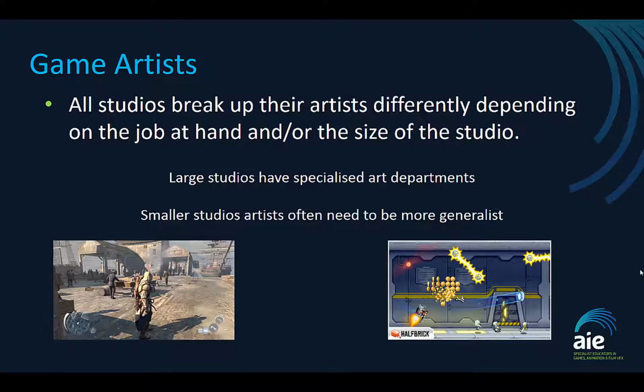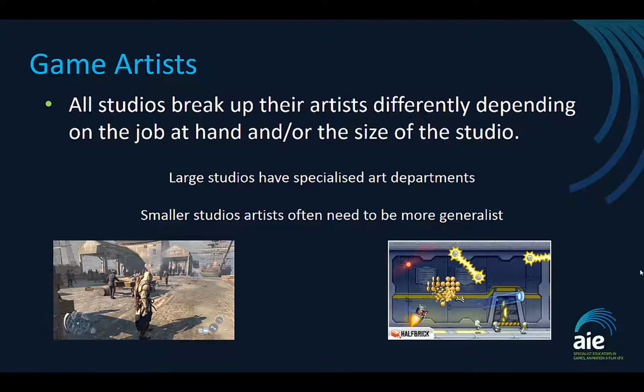So they would have had a whole team just working on like cloth simulation and how that would fall on different characters, and how flags and things and blankets and stuff, how they would move. And then there would have been like maybe a team working on certain types of buildings in certain areas or levels. And then on the other hand, we had Jetpack Joyride, which is the picture on the right hand side, which was developed in Australia by Halfbrick.